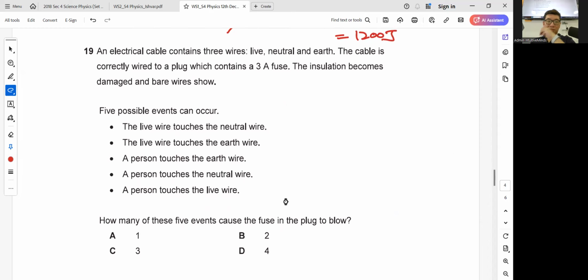This one you can keep. It's fine. But for the sake of doing the question, the answer should be if you touch the neutral, that's possible.